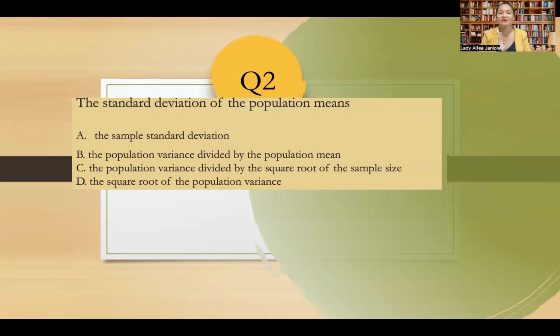Since standard deviation is always the square root of the variance. So for a population standard deviation, that is the square root of the population variance. And to get the variance, you are going to square the standard deviation. So the answer here is letter D.